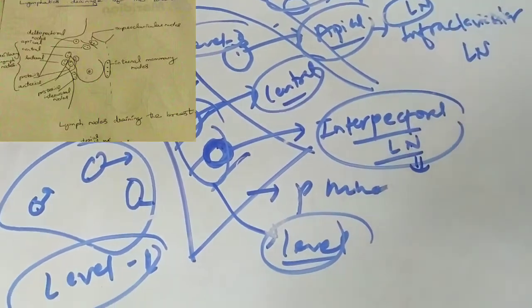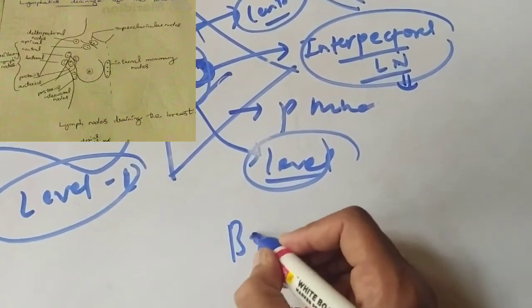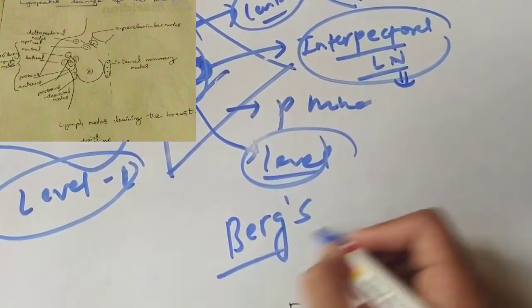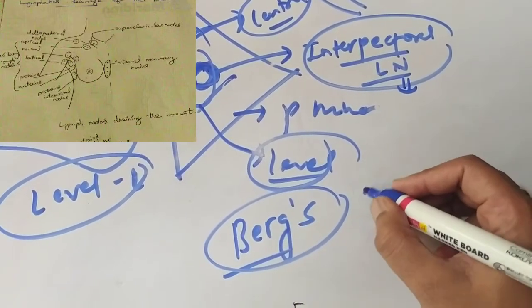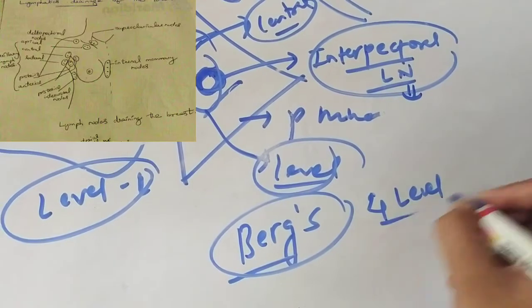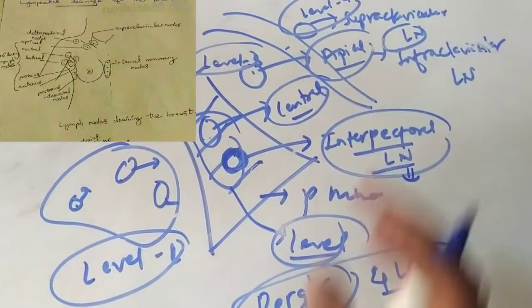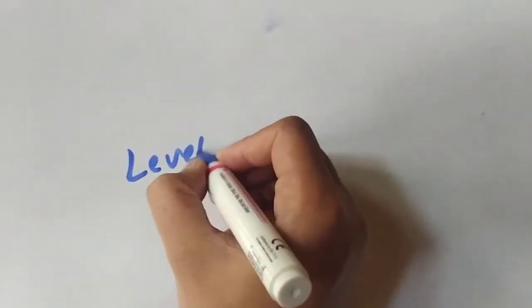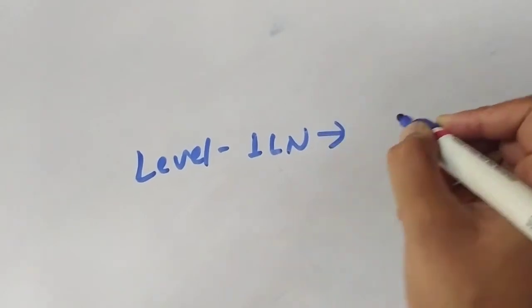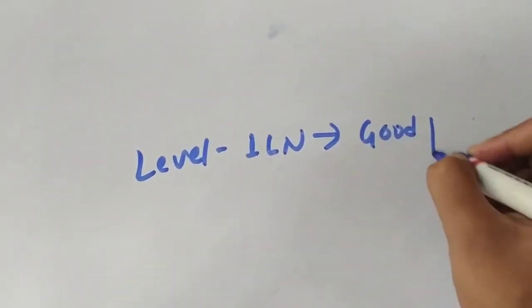So there was a doctor whose name was Berg. So Berg gave the 4 levels: level 1, level 2, level 3 and level 4. If any cancer reaches the level 1 lymph nodes, it means somehow there is a good prognosis.